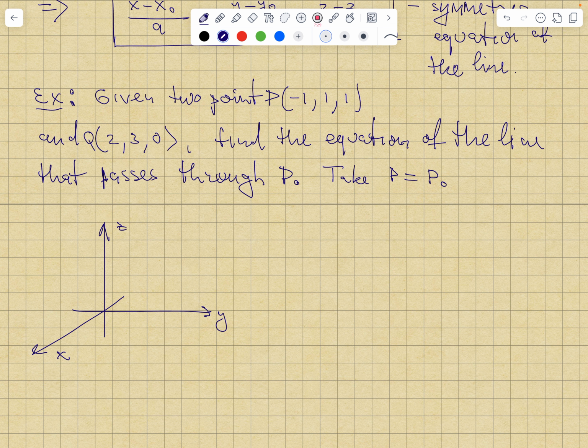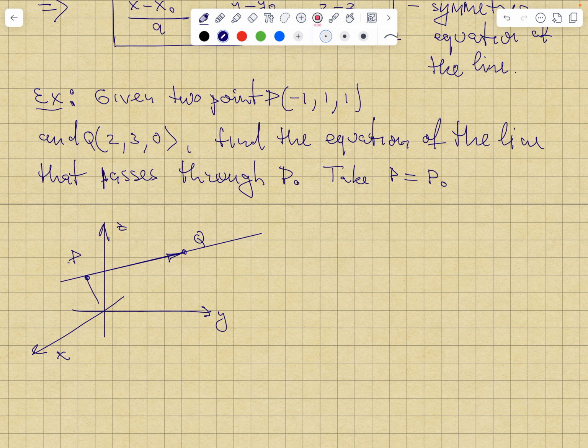I have 2 points, P and Q, so I can find the vector from P to Q. The line passes through P and Q, so this line must be parallel to PQ.